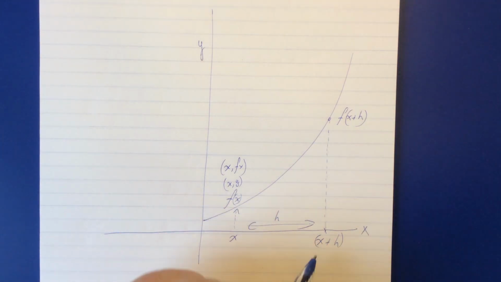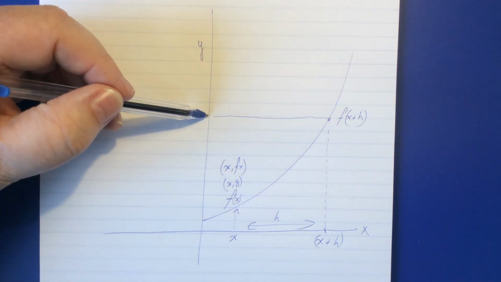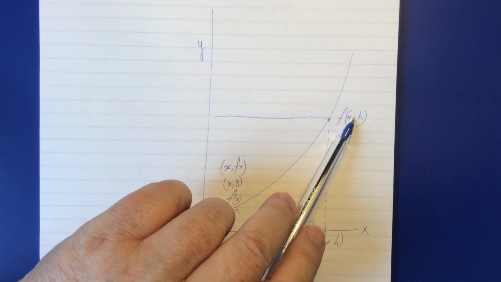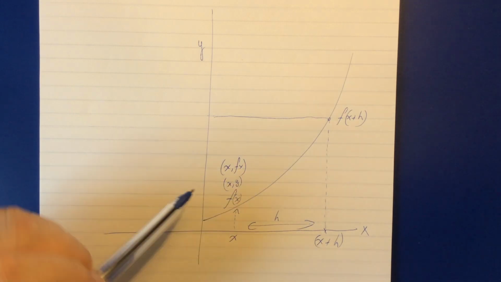This point here is x plus h, and therefore the y value up here is going to be the function of x plus h, just as this was the function of x.